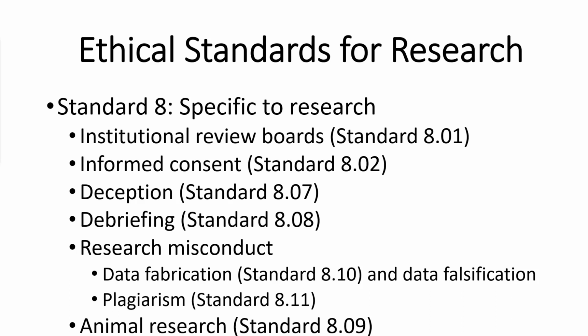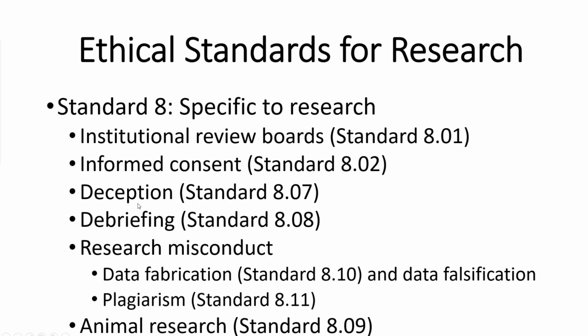So if you've ever gone to research participation, maybe as part of 104 or 105, at the beginning of the study, they sit you down and they hand you a piece of paper that outlines all of the details of the study, all of the potential risks to the study or that come from the study, as well as some of the benefits that they can talk about at that time. And at the bottom of the page, you sign giving your informed consent. So that piece of paper is mandated by this standard in the APA specifics.